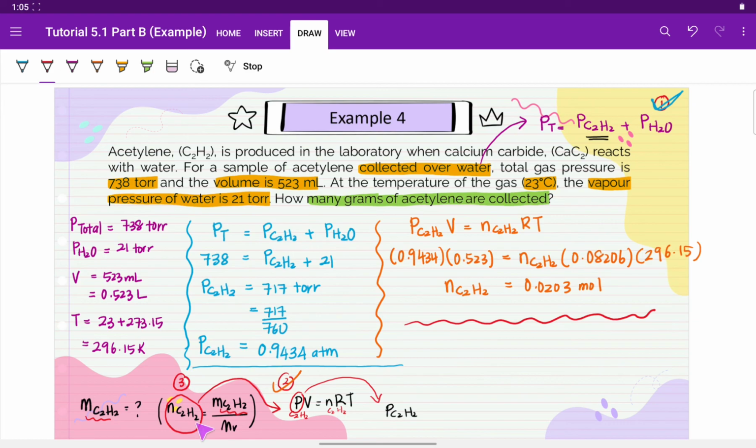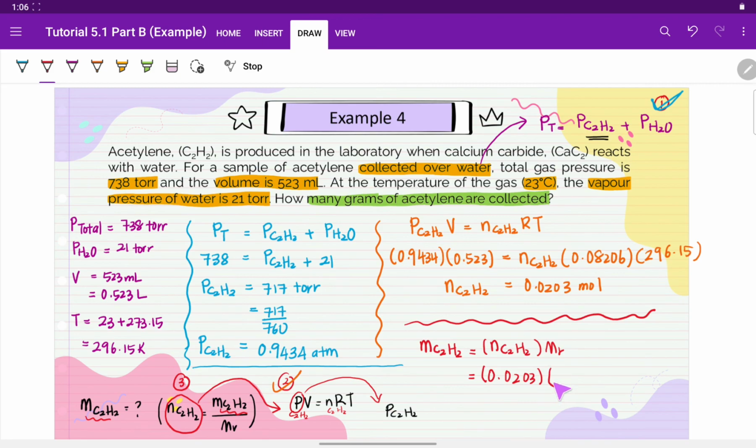Okay, so mass C2H2 adalah sama dengan number of mole of C2H2 darabkan dengan dia punya molar mass. Okay, substitute sahaja. Number of mole tadi kita dah dapat dekat atas 0.0203.